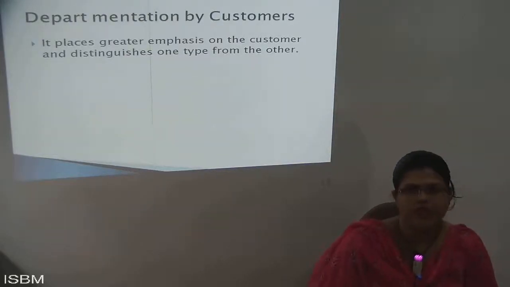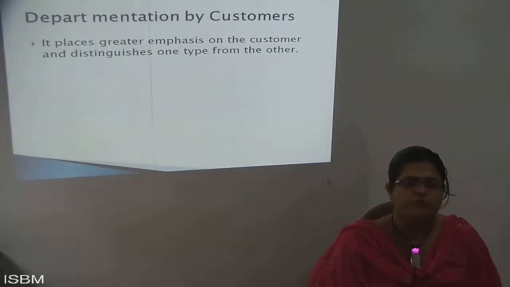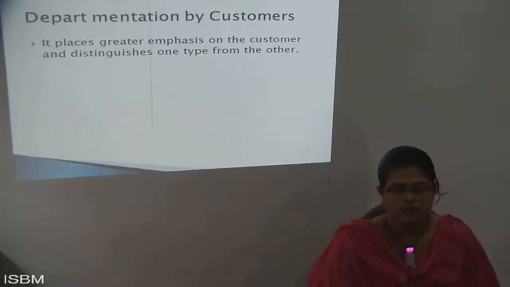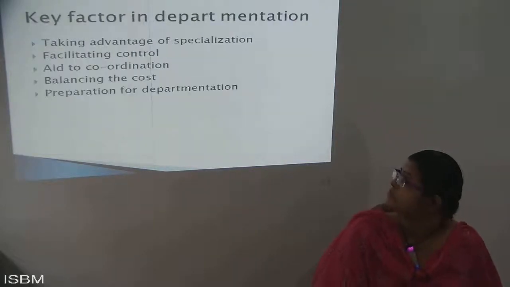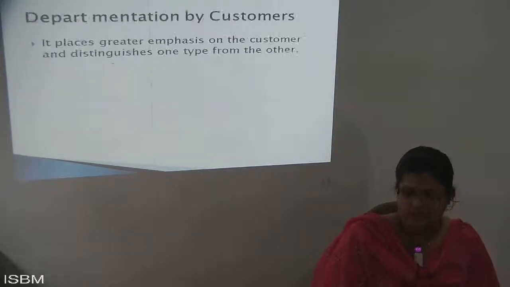The cost differs, and with the help of the cost, a customer's preferences are fulfilled. That should also be done with greater efficiency, and these are the ways it is done with the help of departmentation.